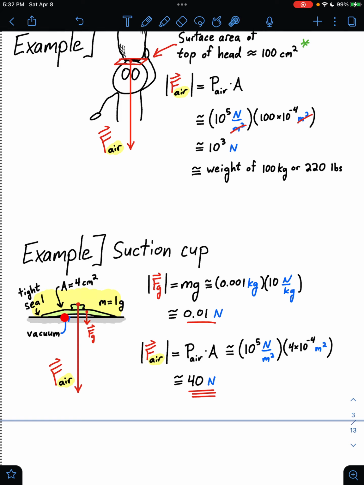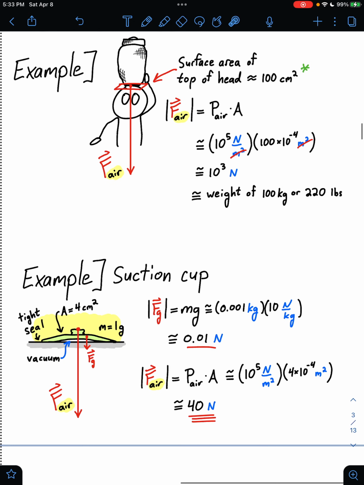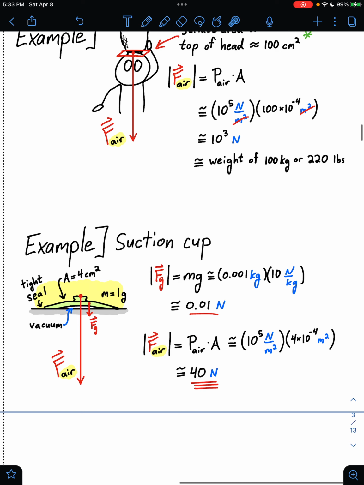So we can actually create a bit of vacuum or near vacuum in that space right there. And in that case, the air pressure above pushing in on the suction cup creates a large force like this 220-pound force on the top of your head. But with this tight seal, there's no air underneath pushing upwards on the cup to cancel that out.